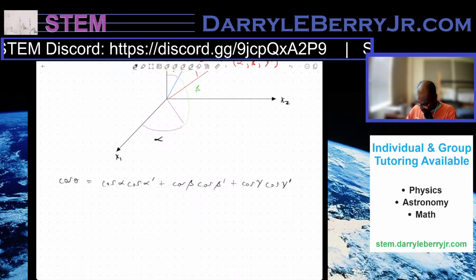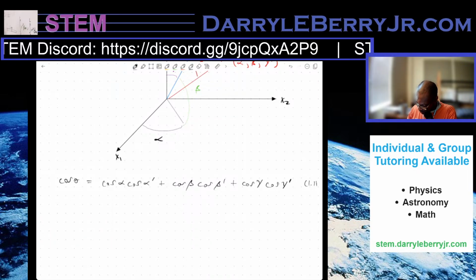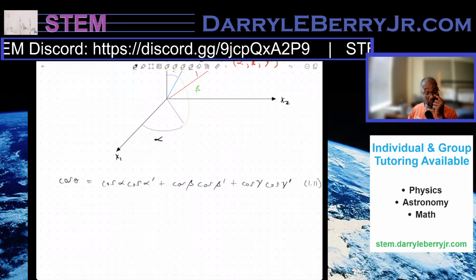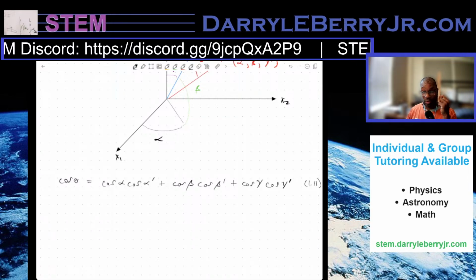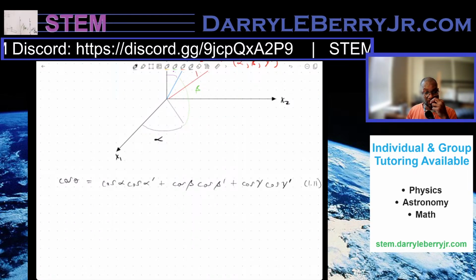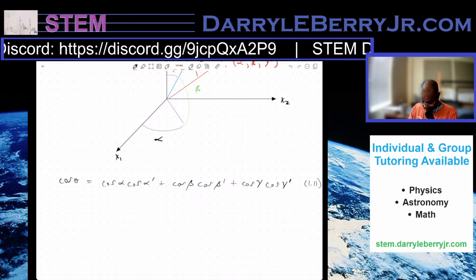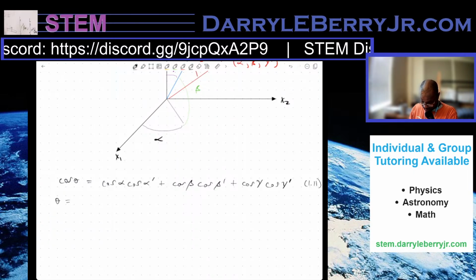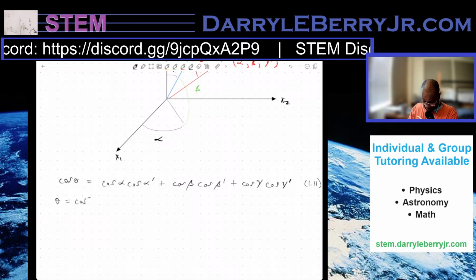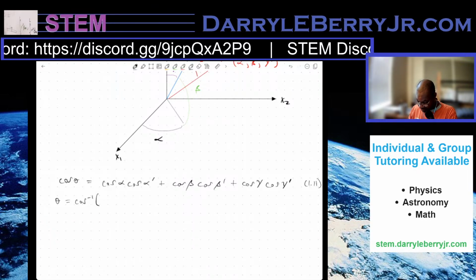So that's interesting. And that's equation 1.11. So that would, of course, mean that theta equals cosine inverse of all of this.